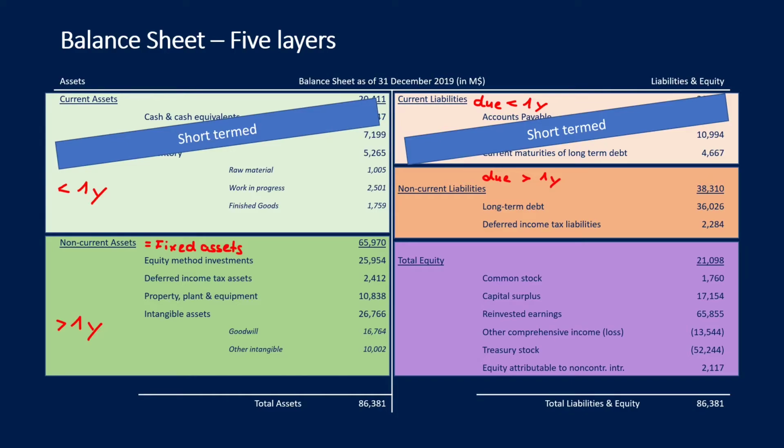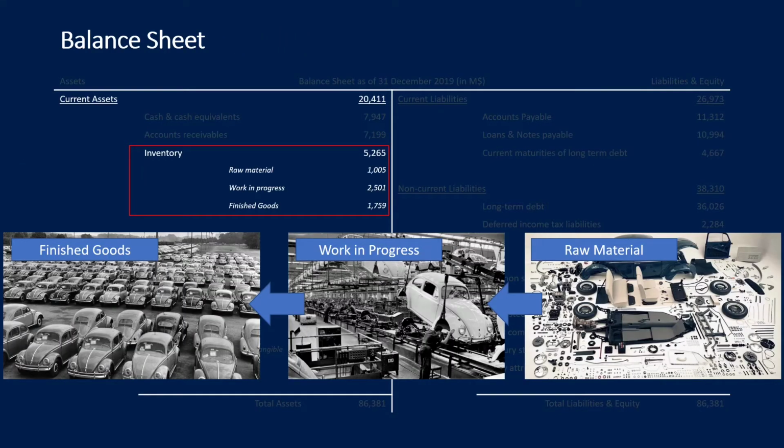Okay, now we understand that the vertical layers here are termed layers. So it depends on the termedness of these items. Let's go more into detail and let's start with the current assets that are currently there, but probably next to no time they will be gone.